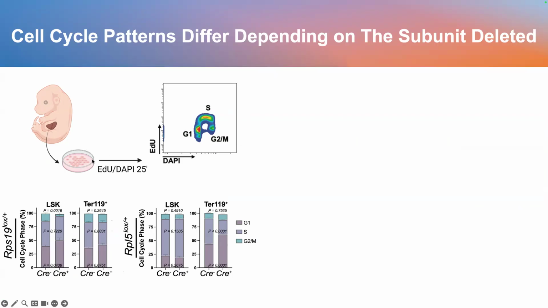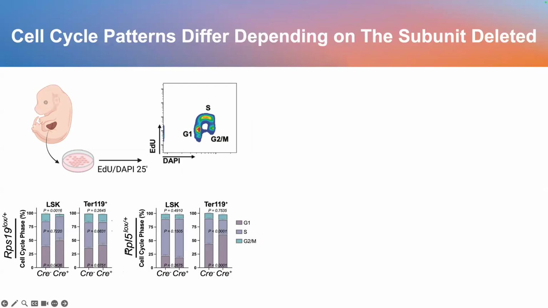We followed Merav Sokolovsky's staining protocol with EdU and DAPI to measure G1 and G2/M. What we observe is indeed we have a G1 accumulation in the LSK, not in the TER119. So again, reminiscent of what we had observed phenotypically, and once they pass this step, they are fine, they're okay.